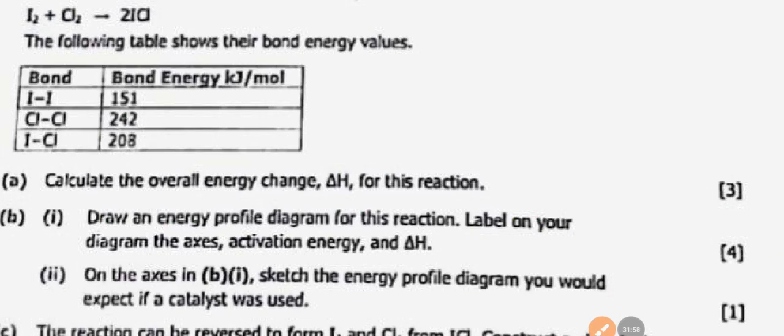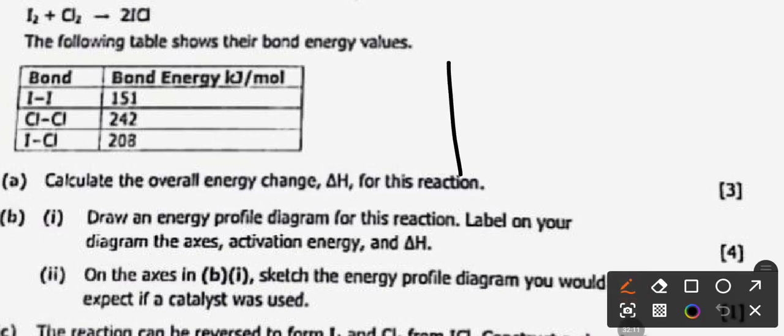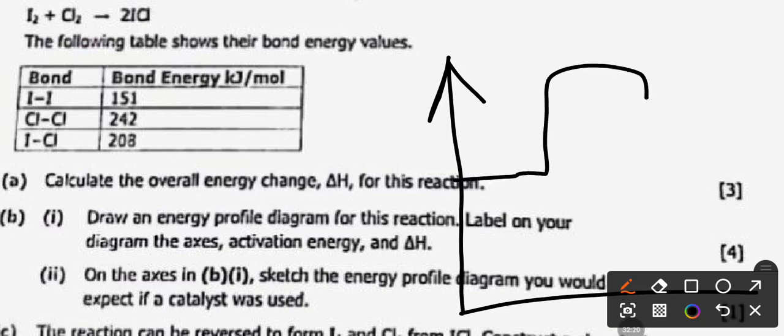Question B2. On the axis in B1, sketch the energy profile diagram you would expect if a catalyst was used. Remember the work of a catalyst is basically to lower the activation energy. I said my activation energy is here.